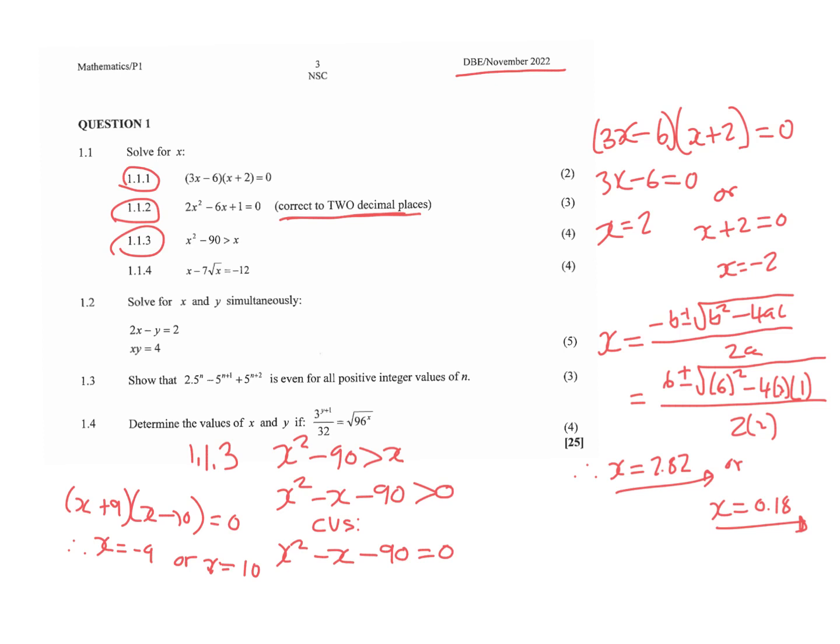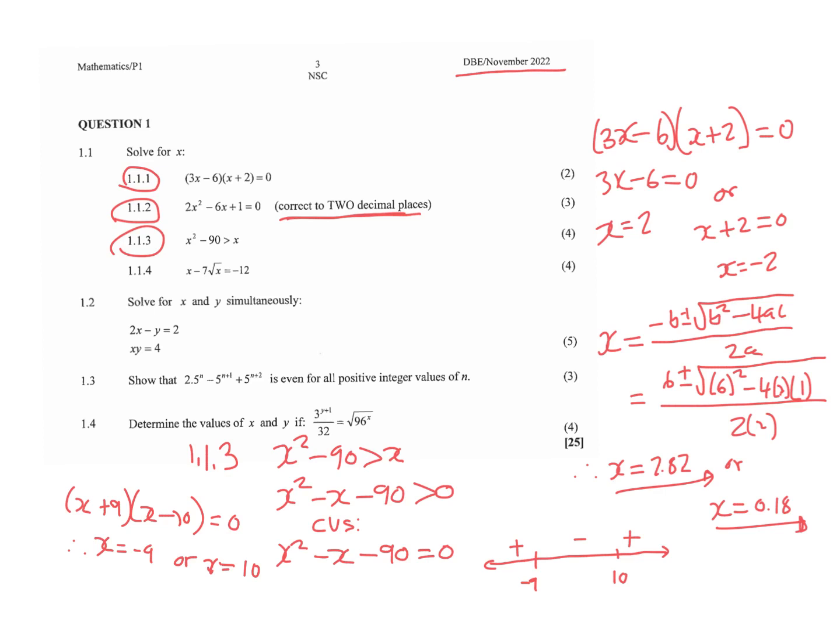Then from there, you go to your table. The table is always like this. Remember, your table is plus, plus, minus. The lesser value, you put it on your left-hand side. The greater value, you put it on your right-hand side. My lesser value is -9. My greater value is 10.